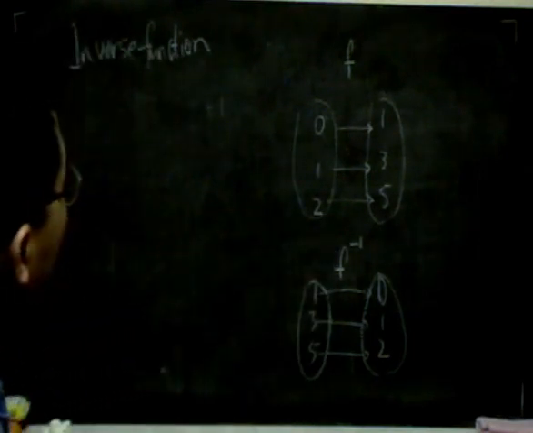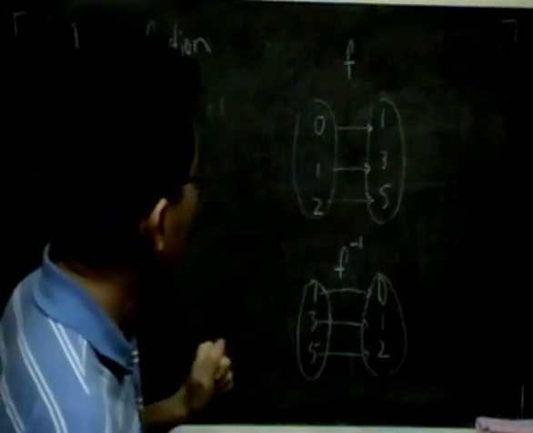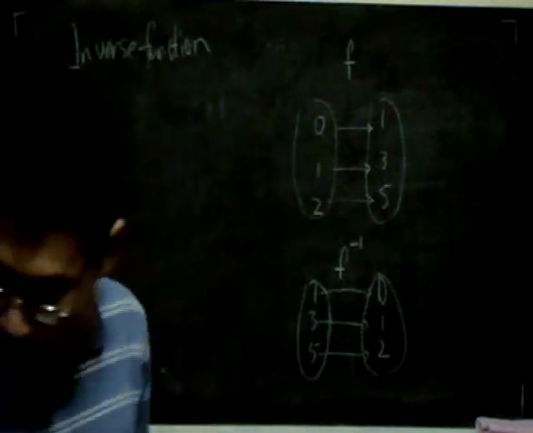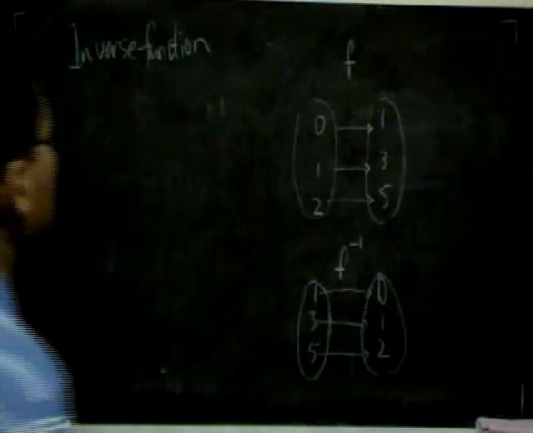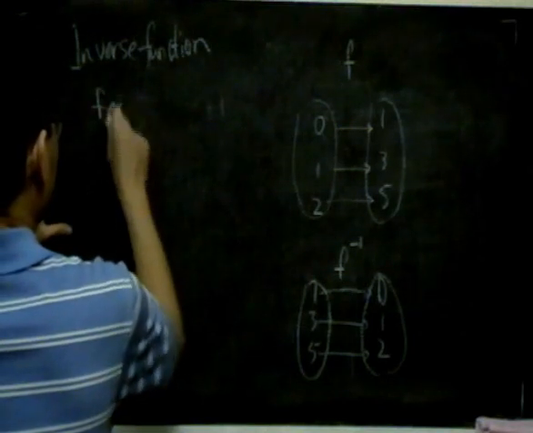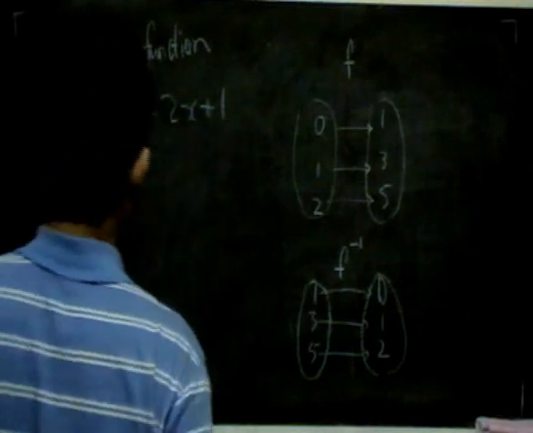Now, let's start with this equation again. So this equation was f(x) equals 2x plus 1.